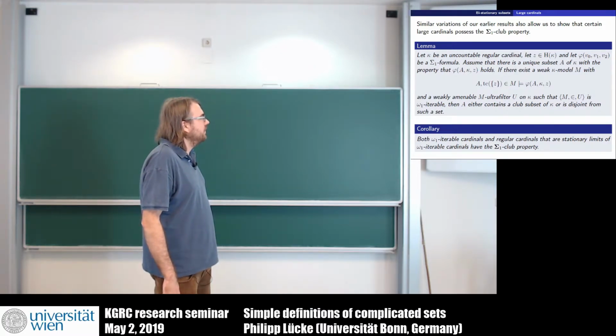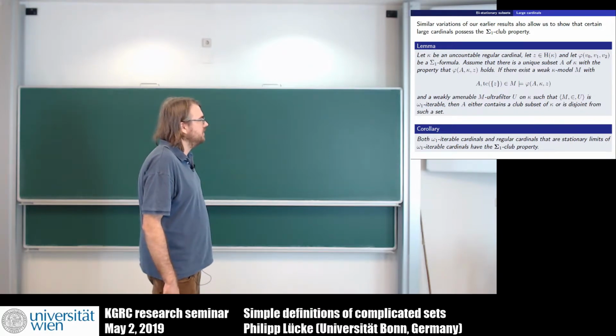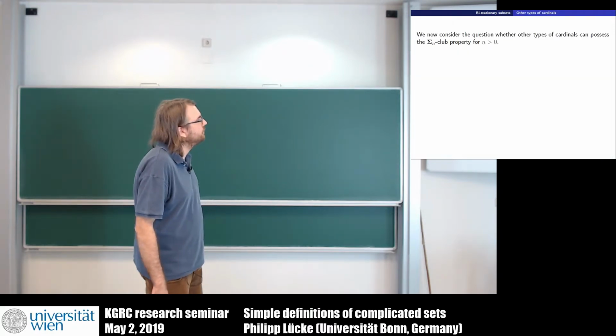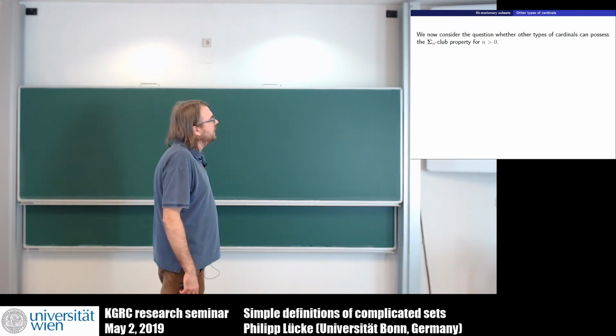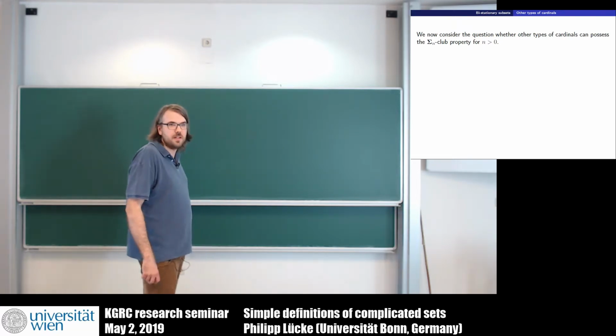Okay, so again we have that omega 1 and large cardinals are examples of cardinals with this sigma 1 club property, and now the question is what other kinds of cardinals can have this property.